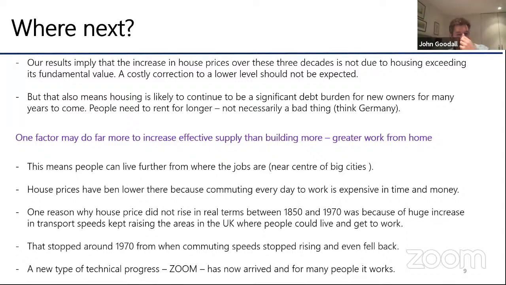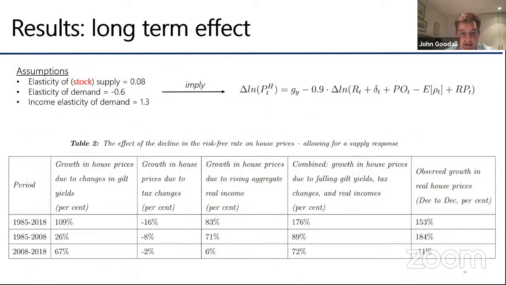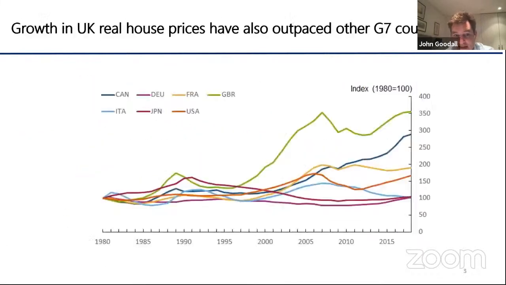Thanks a lot for that, David. That's a fascinating walk through why house prices have gone up. And one thing I'd ask is, why the UK is different, because obviously interest rates have been falling around the world, and obviously in much of Europe they've been negative for longer than we have. Japan has had long-term very low interest rates, but hasn't really seen any house price growth in the last 30 years.